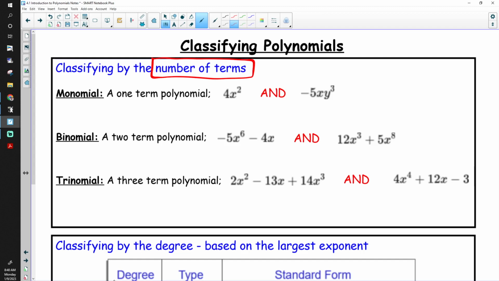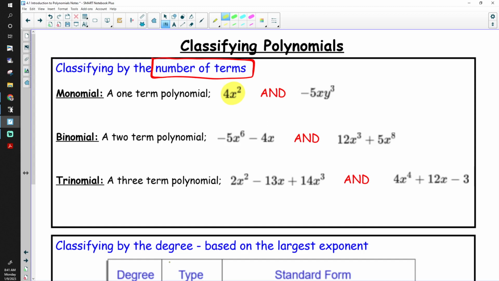If a polynomial only has one term, one single term, we call that a monomial. That's its special name. 4x squared is technically a polynomial. It's just a teeny tiny baby. It only has one term. We can call that a specific type of polynomial.